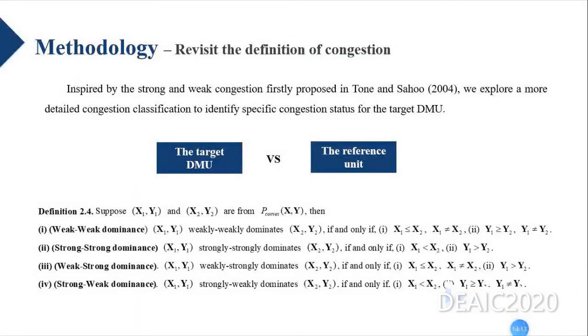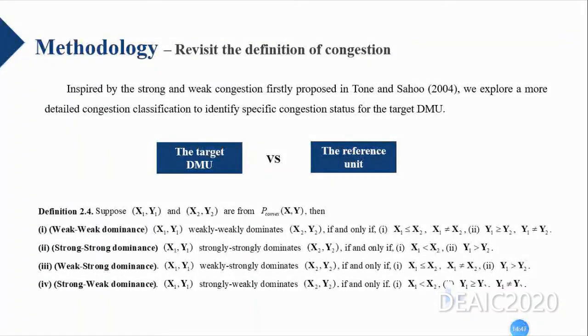Then, based on the local definitions, we further explore a more detailed congestion classification to identify specific congestion status for the target DMU. Before this work, we find that the dominant relationship between the target DMU and its reference unit plays an important role in both the traditional congestion definitions and our proposed local definitions.